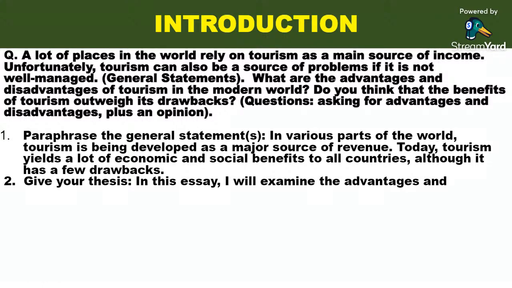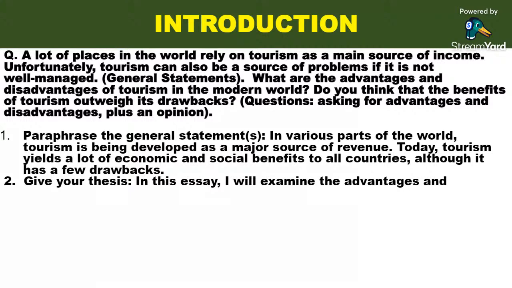You get your thesis as a direct response to the question. Now look at the question. What are the advantages and disadvantages of tourism in the modern world? Do you think that the benefits of tourism outweigh its drawbacks? These are the questions.